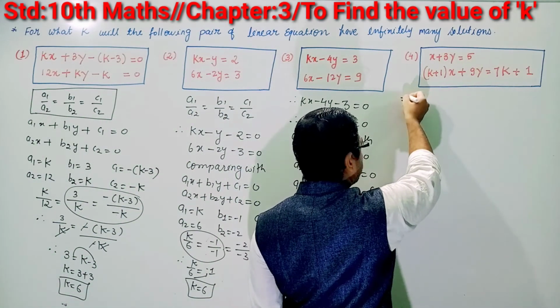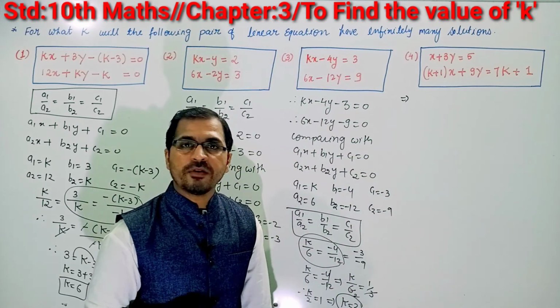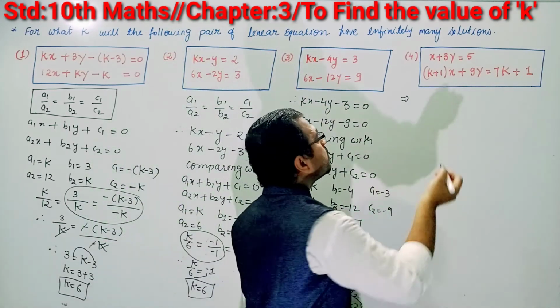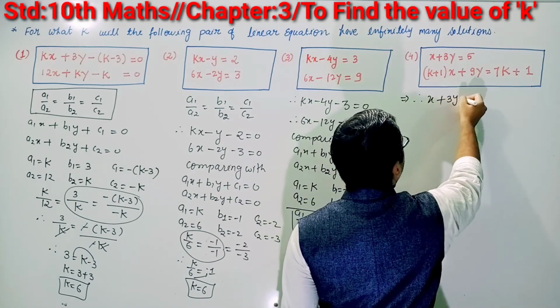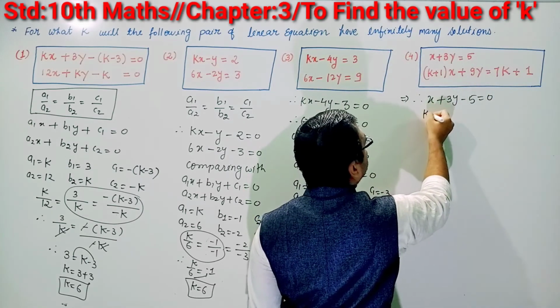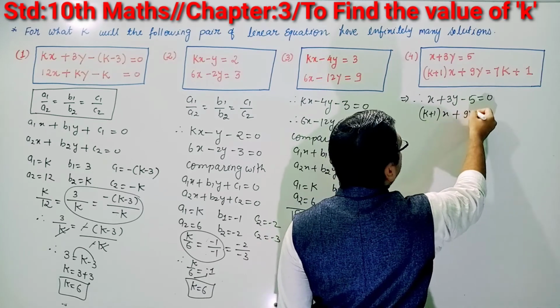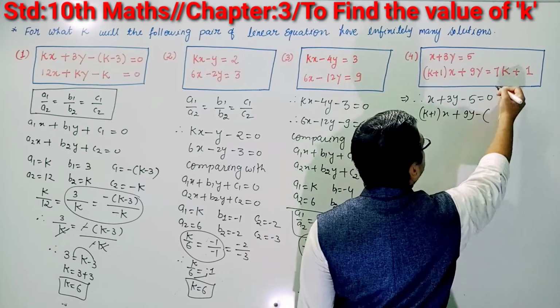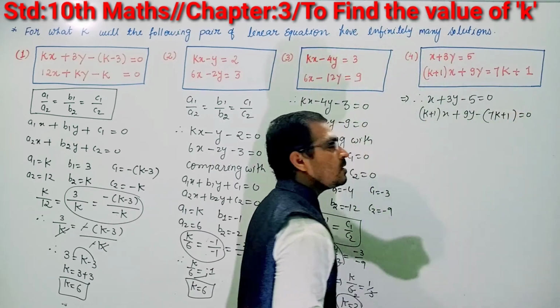These equations you will have to write in general form of linear equation with two variables. So we can write: x plus 3y minus 5 is equal to 0 and (k plus 1)x plus 9y minus (7k plus 1) is equal to 0.